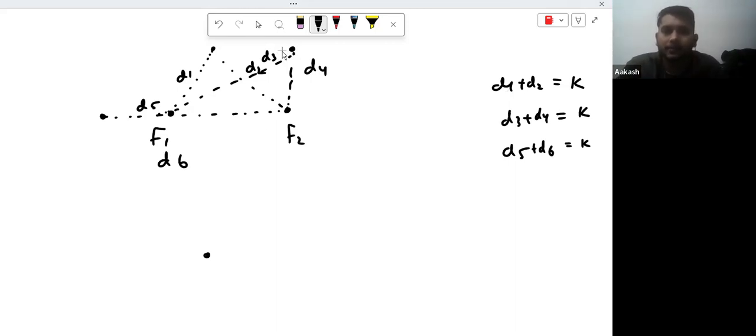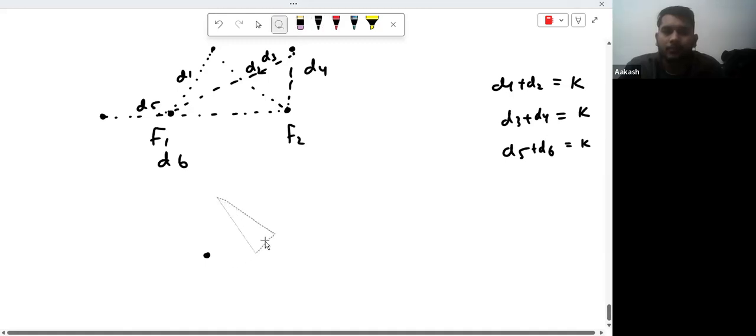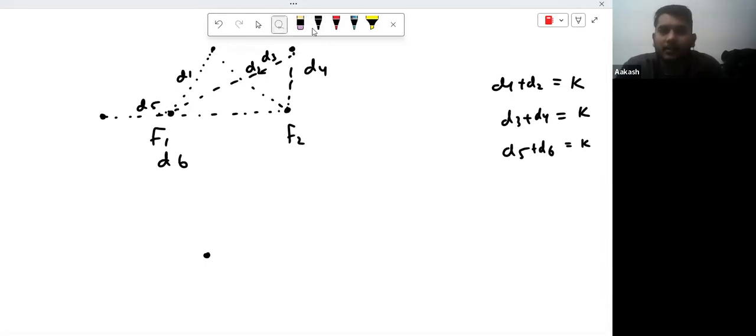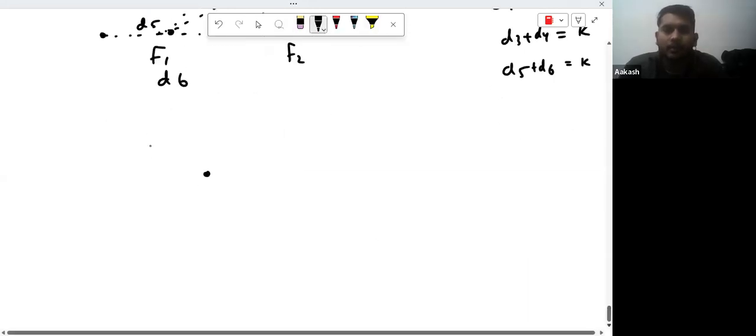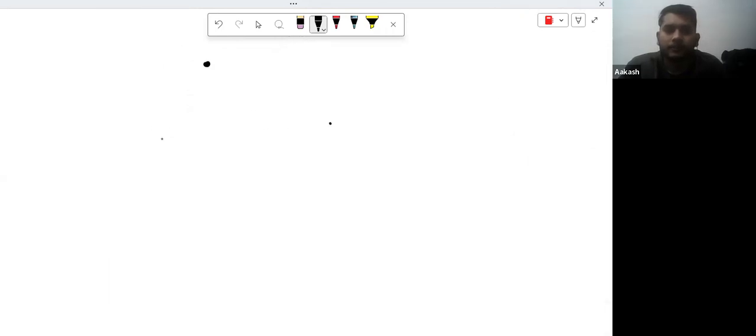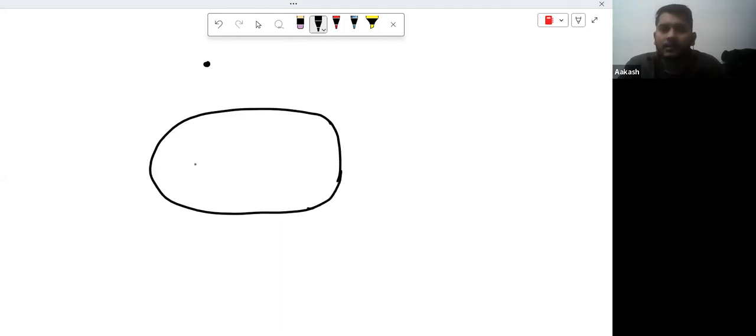So an ellipse looks almost like this. These are two foci, f1 and f2. If you take any point on this, the sum of the distances from f1 and f2 will be equal. Got it, everyone? Yes, sir.